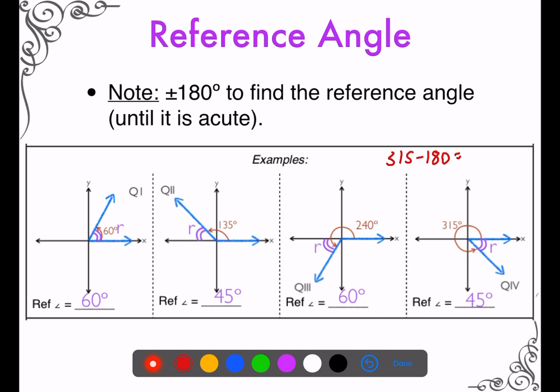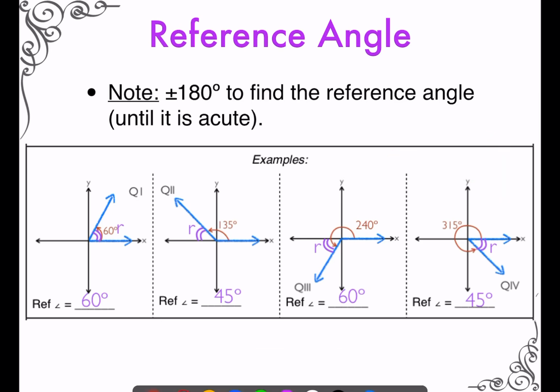We're still at an angle measurement above 90. So I'm going to have to subtract this 135 from 180. And I end up with 45 degrees. So that's my reference angle.